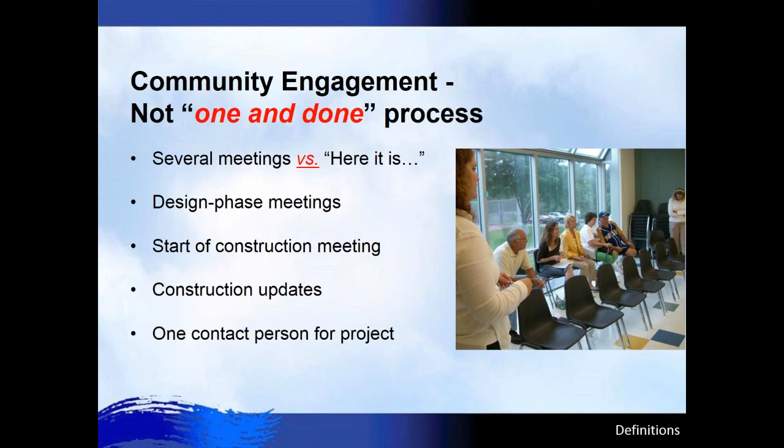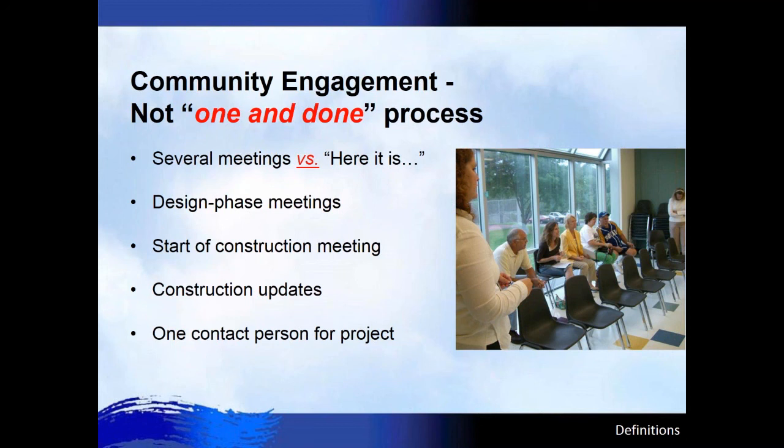So we'll have meetings during the design phase, and then especially with our park construction and our sewer separation projects, we have a meeting at the beginning of construction to tell people what's going to happen. We often do construction updates. Those can be newsletters, they can be emails.